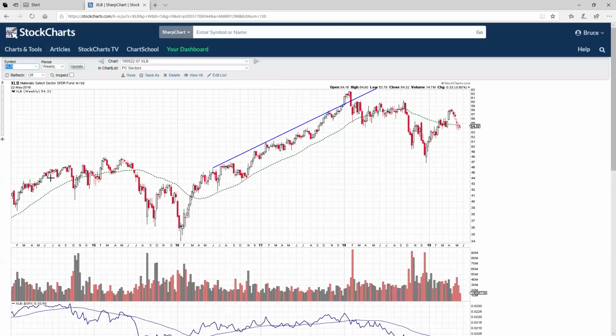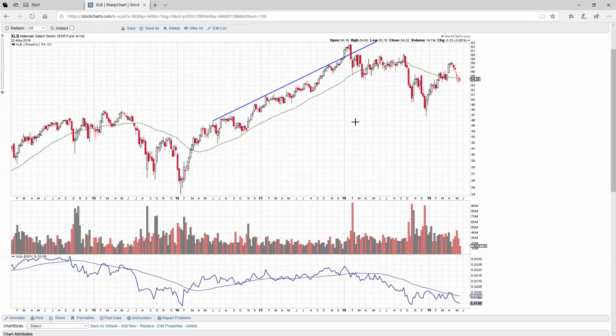Okay, materials. So materials jumps above on a climactic surge at the beginning of 2018, and from then on, materials has been really a distinct underperformer. You can see here, look at the decline, the relative strength decline, big downtrend.